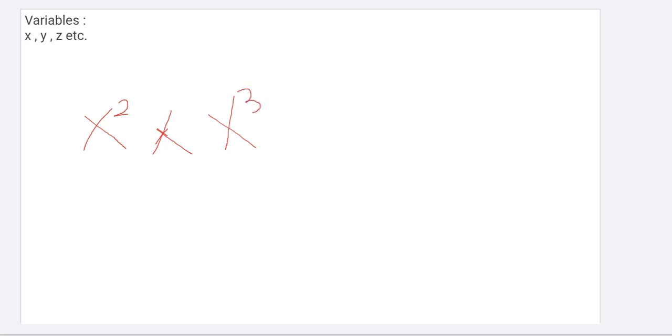Now this tiny x over here can cause a confusion. Let me write it a little bit more clearly for you. Okay, so I'll just write it using a text box.